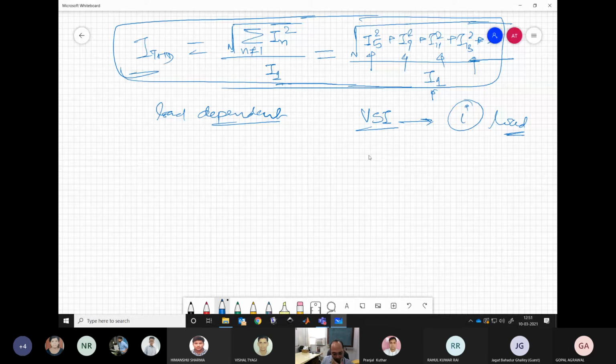So we may try to have a more universal performance metric, which can be called load independent. Then it can be compared for different PWM techniques irrespective of which motor or which load we are applying to.